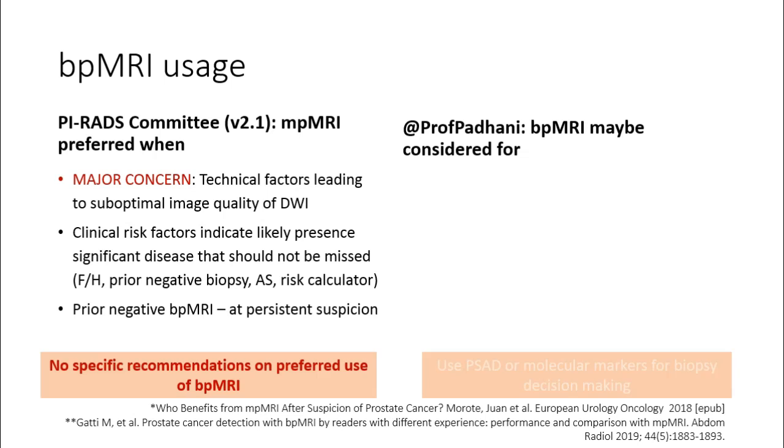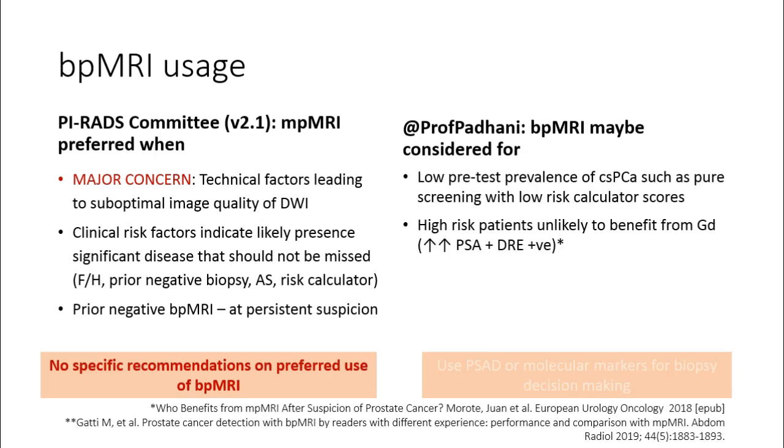So what they say is that there is a preference for multiparametric MRI use when clinical factors indicate the likely presence of clinically significant disease that should not be missed. So for example, if you are at high risk because of family history or a prior negative biopsy, or the risk calculator said that you were at high risk, then you really should have multiparametric MRI.